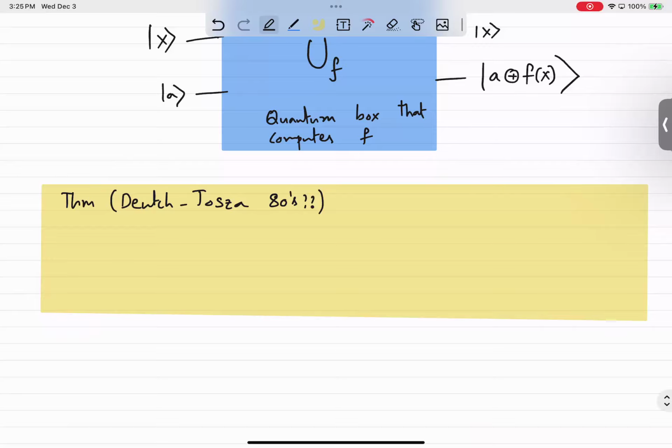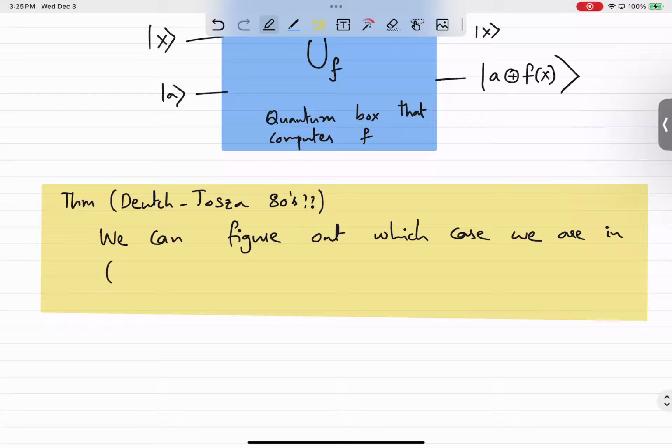So what they showed is we can figure out which case we are in with probability 1. No chance for error.